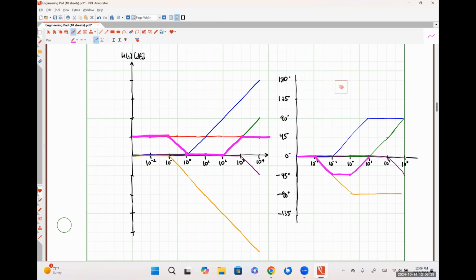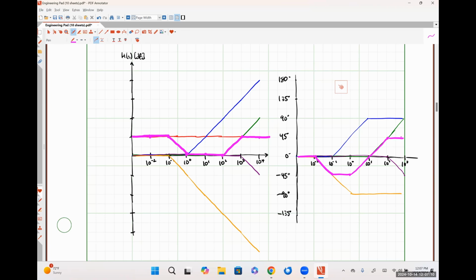Now I have a 90 plus a 45, so that's 135, plus 0, so that's still 135, minus 90 is positive 45 degrees. And then here at 10 to the 3, I have 90 plus 90 minus 90, so that's 90 minus 45, which is positive 45 degrees.